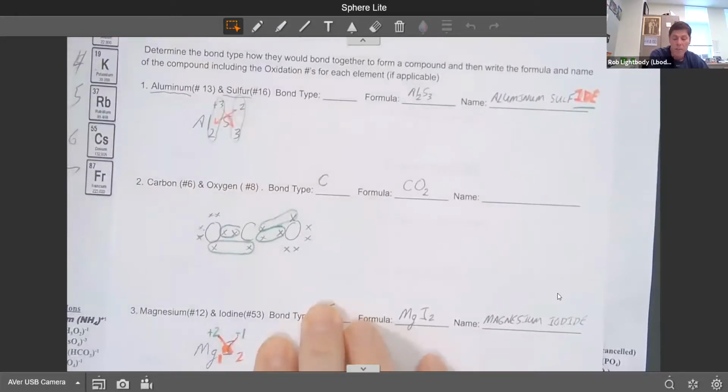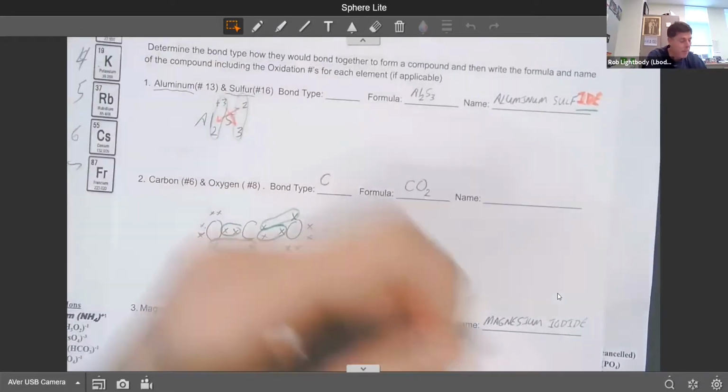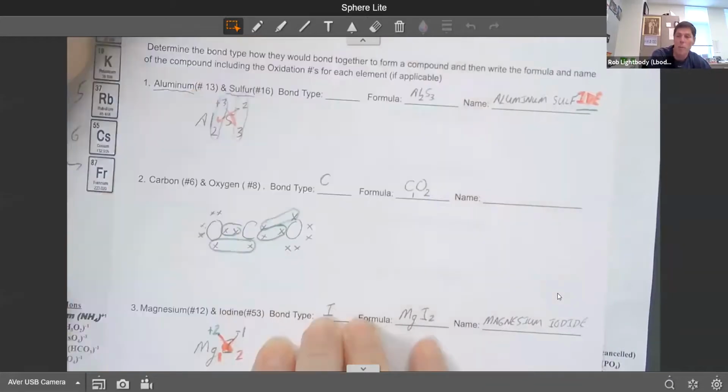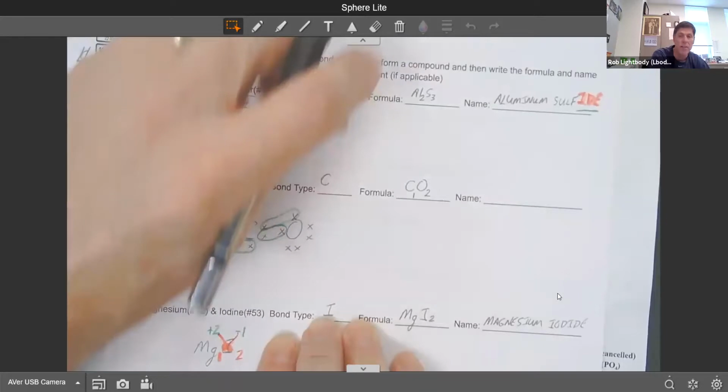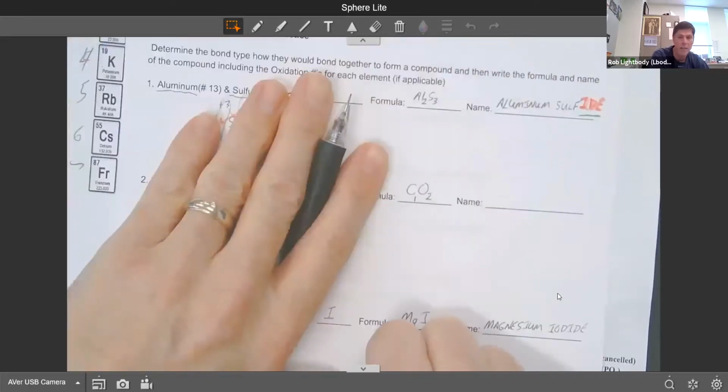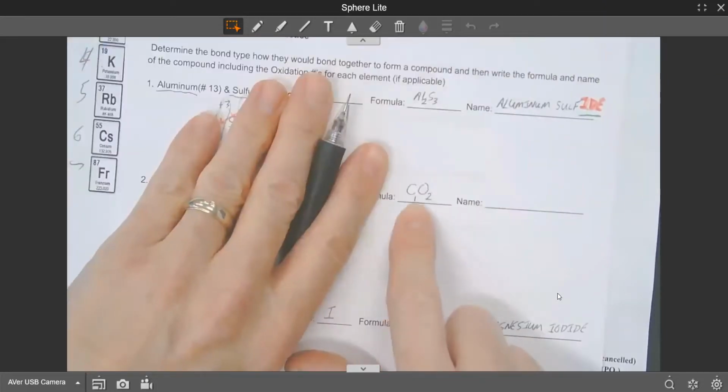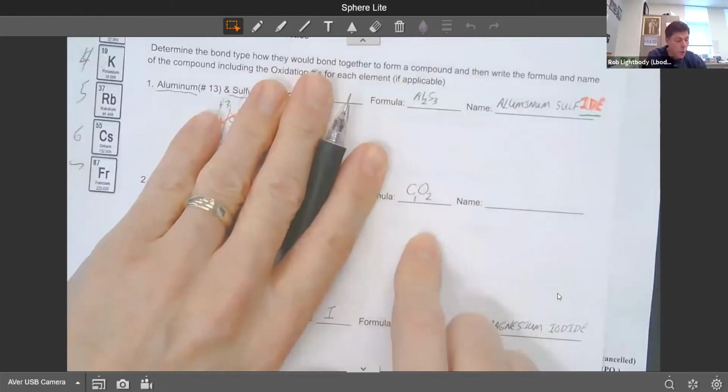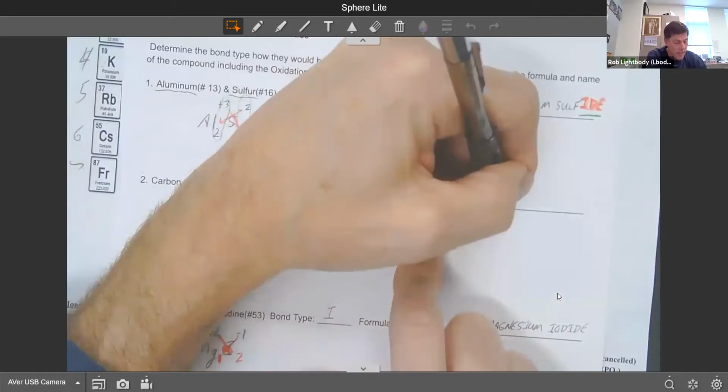What we do there is we actually name using prefixes. And hopefully you remember your prefixes. You guys already know part of it. What's the name of CO2? Carbon dioxide. Di means two. So you already knew that naming system.